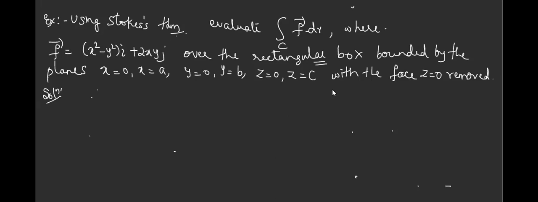Okay, now to understand it, let me just draw. Then the thing may be more clear. So here take it as the x, y, and z axes. Now x equal to 0 and x equal to a. So take a distance of a here. This is a. Then y is 0, y is b, so take a distance of b. Similarly, take a distance of c, and draw the rectangular box.